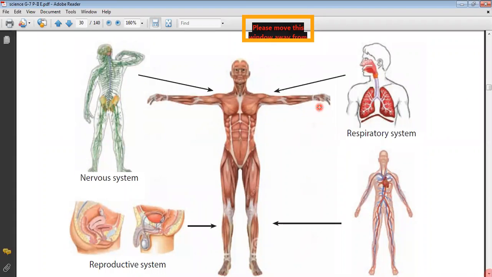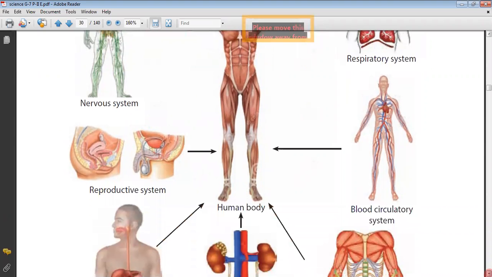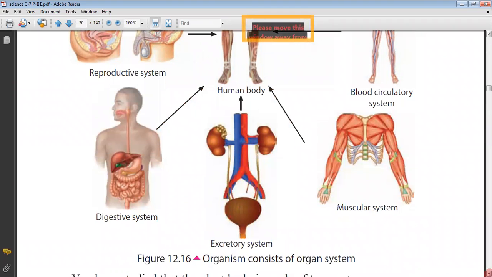An organism is formed by the combination of all the systems in a body, like the respiratory system, the nervous system, the reproductive system, the blood circulatory system, digestive system, excretory system, muscular system. An organism consists of all these organ systems.